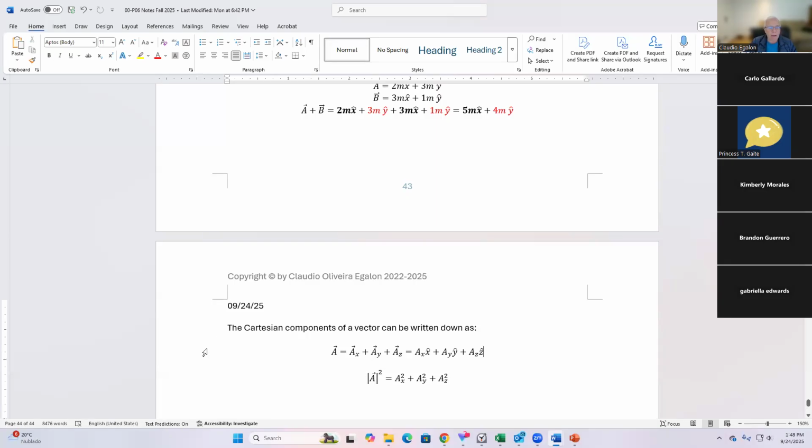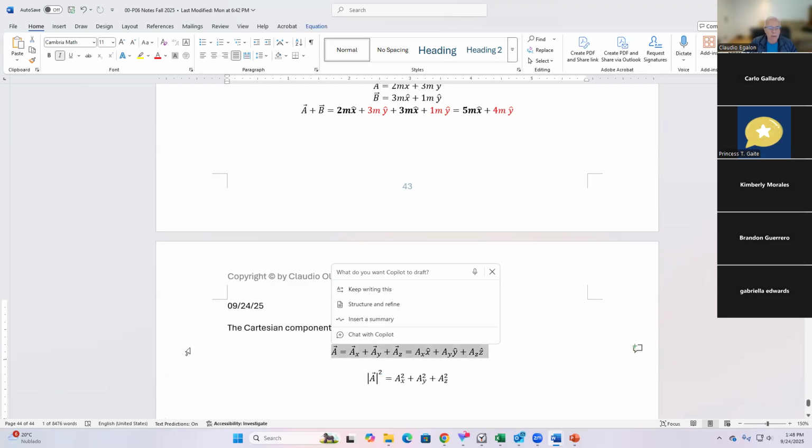And if you're summing vectors A with B, for instance, all you can do is sum their components.